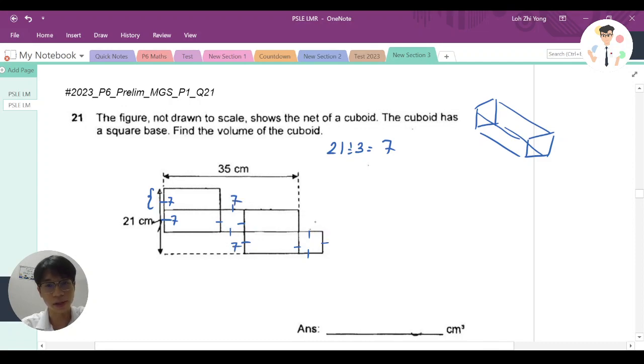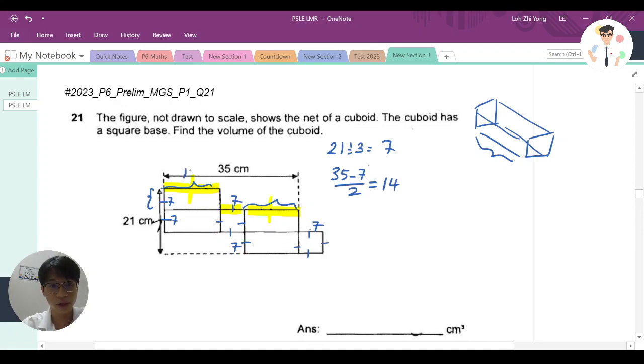I can see that 35 cm is from here plus here plus here, and here are the same. So for 35, I need to minus 7, then divide by 2. Then I can find the length here. So 35 minus 7, divided by 2, is equal to 14.